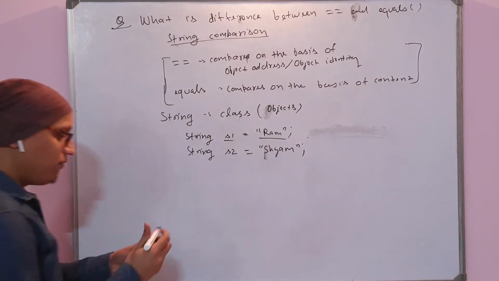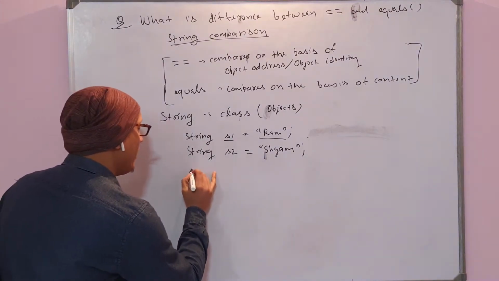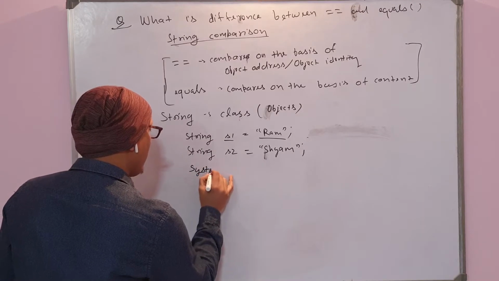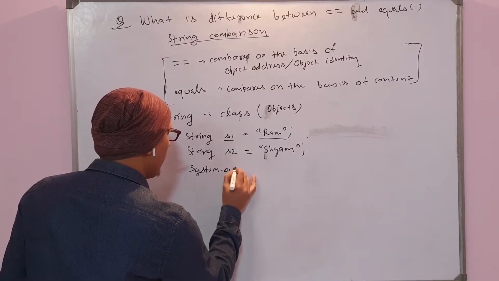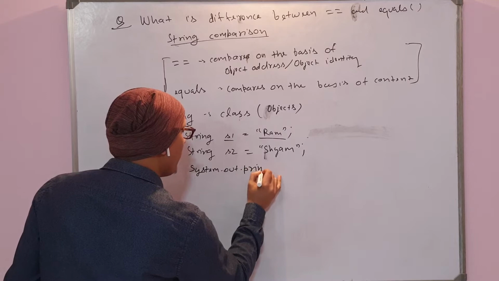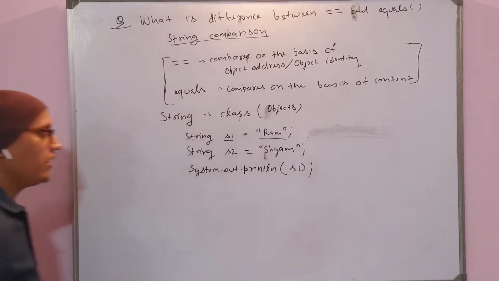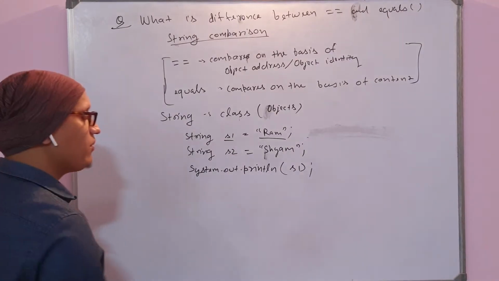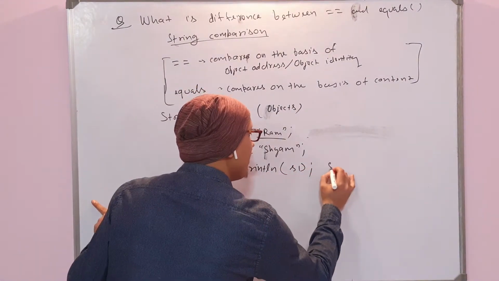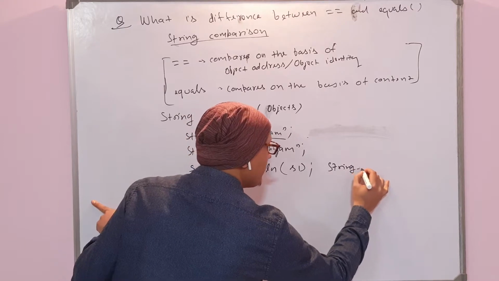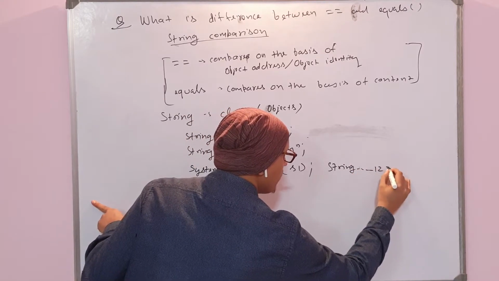Okay, so if you print s1 using System.out.println, you will observe that you get some kind of data, a string and some dummy values like 1 2 3 4.